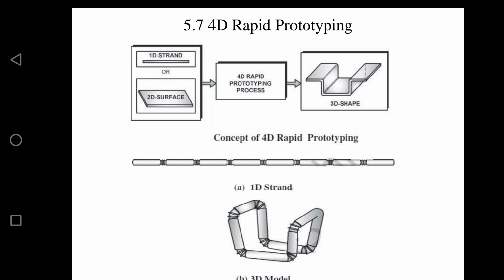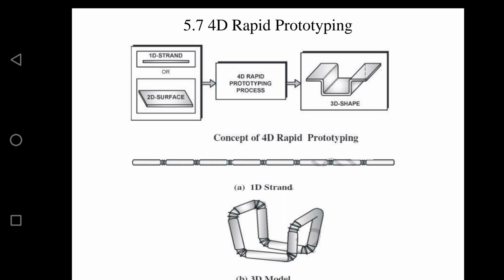This 4D printing process transforms a 1D strand into a 3-dimensional shape, or a 2D shape into a 3-dimensional shape, or one type of 3-dimensional shape into another 3-dimensional shape. Wow, different thing, right? In a simple sense, you are seeing here in the diagram a 1D strand.